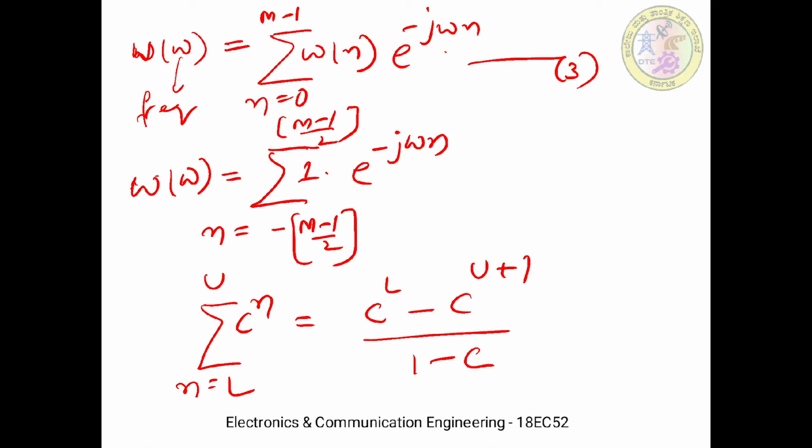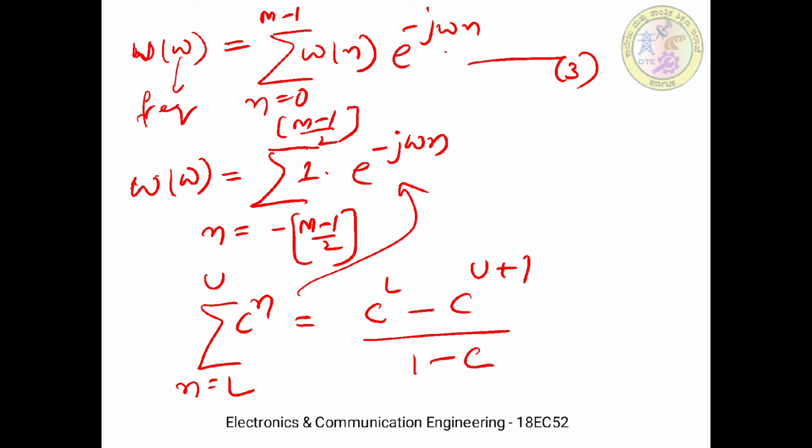Now our equation resembles this, where L is nothing but minus (m minus 1) by 2, U is nothing but (m minus 1) by 2, and in place of c what we have is e power minus j omega, which is raised to n. So the solution of this is c to the power of L minus c to the power of U plus 1, divided by 1 minus c.